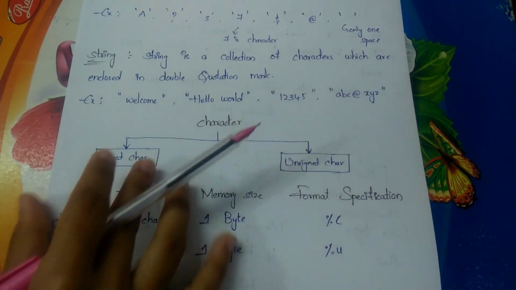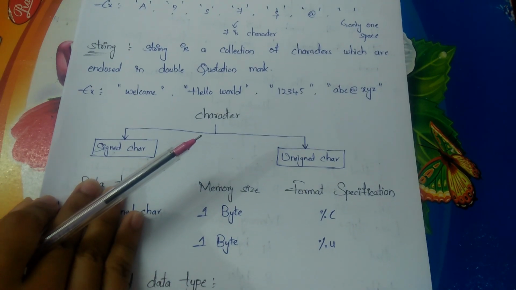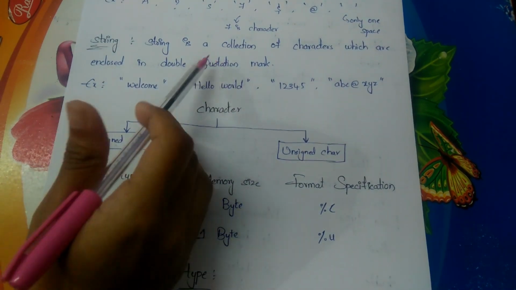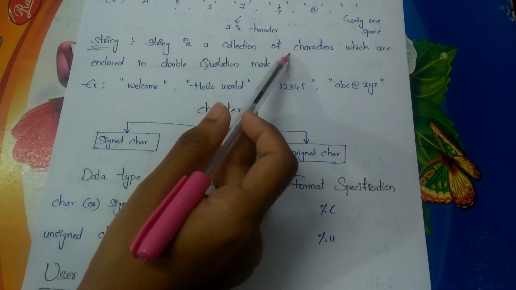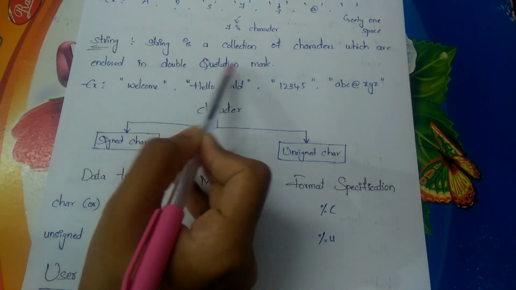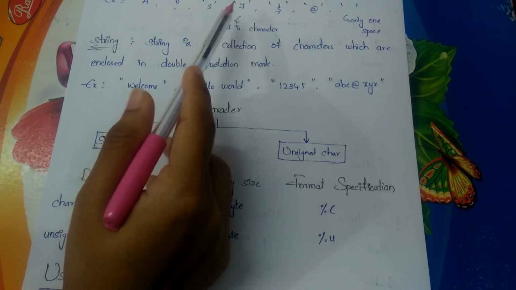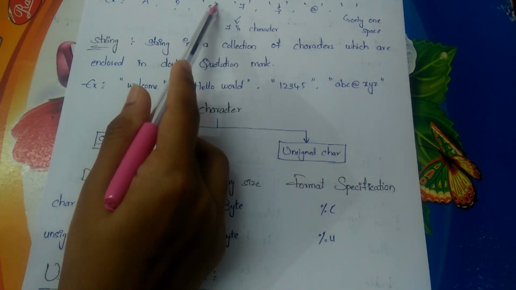Now when the user wants to use many characters, he can use a string. A string is a collection of characters enclosed in double quotation marks. A single character we mention in single quotes.